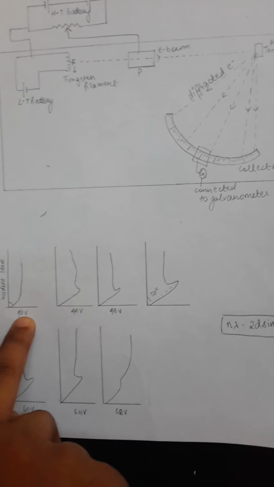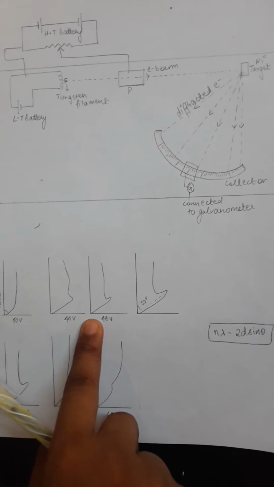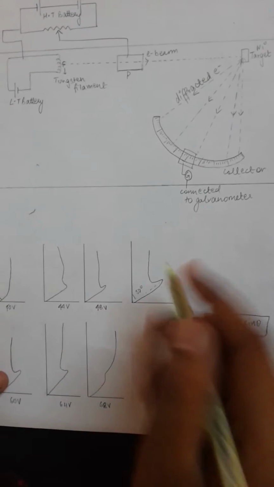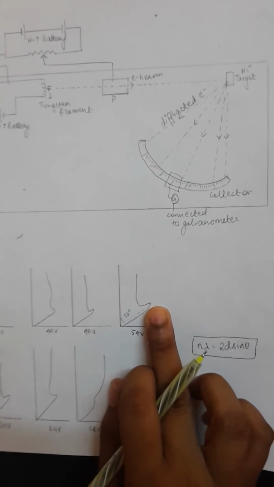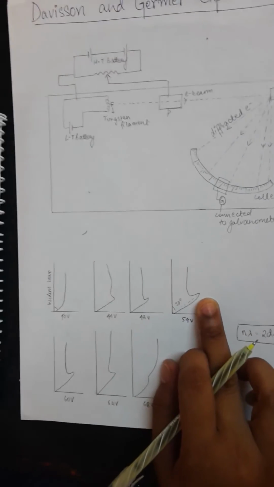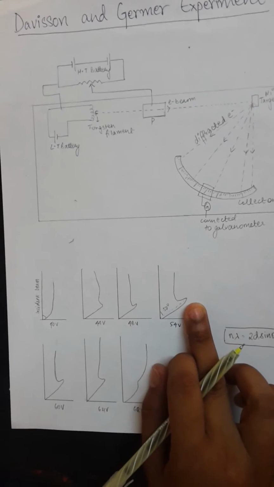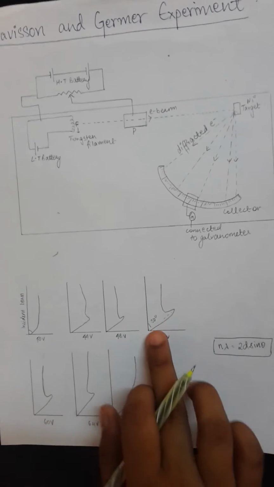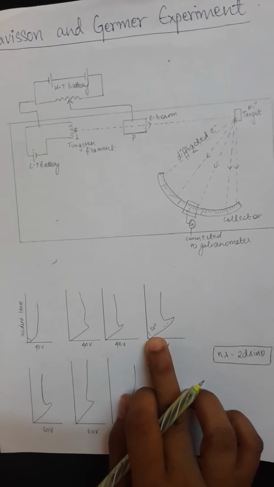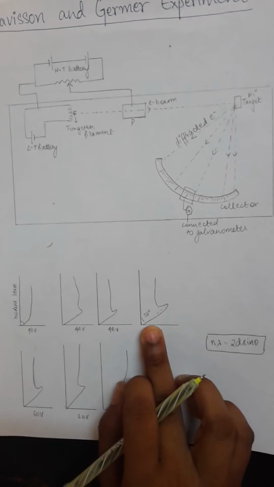Starting from 40 V, the curves are smooth. Slowly, as we approach 54 volts, we can see a bump appearing. This signifies that electrons were associated with waves which after scattering gave rise to constructive interference. At this point, the incident and the scattered beam make an angle of 65 degrees with Bragg's planes.